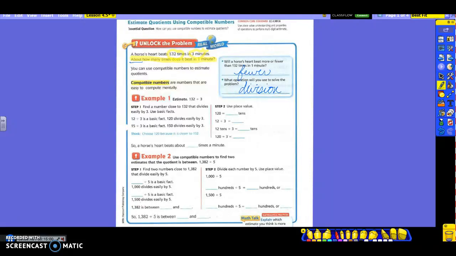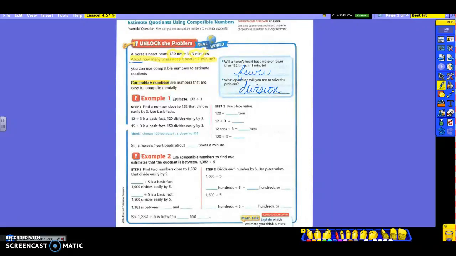So they know that 3 and 12 are something that we can divide with. Okay? So they're taking 120 divides easily by 3. And they also know that 15 divided by 3 is one of your basic facts. And that's going to make it 150 dividing easily by 3. So basically what you're thinking about is, I have to get close to 130, right?